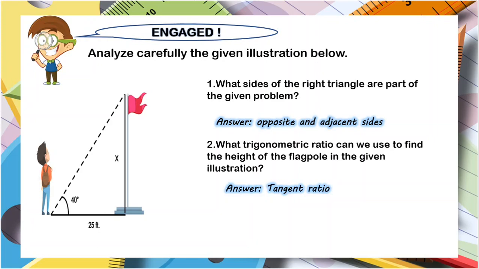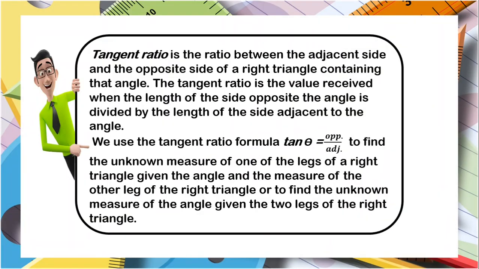What is the tangent ratio? The tangent ratio is the ratio between the opposite side and the adjacent side of a right triangle containing that angle. It is the value received when the length of the side opposite the angle is divided by the length of the adjacent side to the angle.